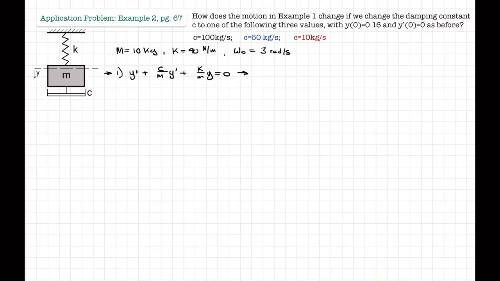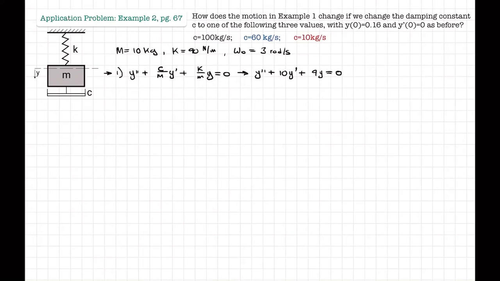Just substituting the numbers, we get y double prime plus 100 over 10, that will be 10, y prime plus k over m. We can have 90 over 10, that's 9, so 9y equals 0. We don't apply the initial conditions yet. We know how to solve this equation.